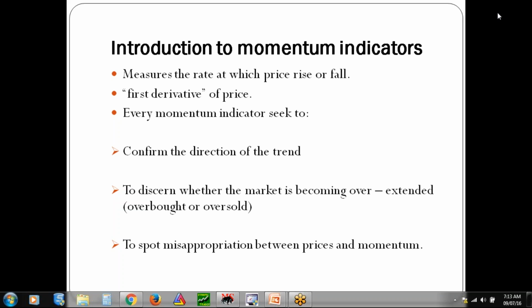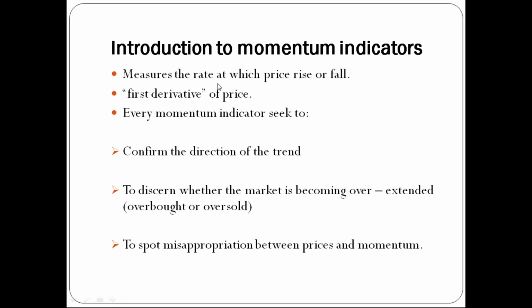And it helps us to spot the misalignment between the price and momentum. That is the divergence. It so happens that the price is rising in one direction and the rate of the rise or fall may decrease. So it helps us to spot that misalignment between the price and momentum. Okay.